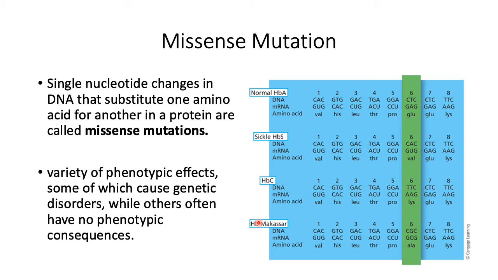If you hit one of those three-dimensional structure areas, you may completely morph the protein just by this one point mutation. But if it's not on a sweet spot, if it's in an area that doesn't affect the way the protein is folded, or doesn't affect its catalytic region, then it may not cause any type of disorder or anything detrimental whatsoever. And so a missense mutation is less detrimental than a frameshift mutation.